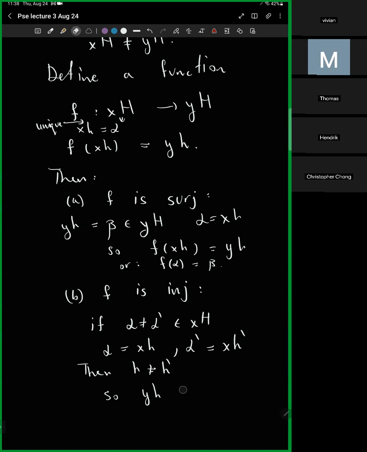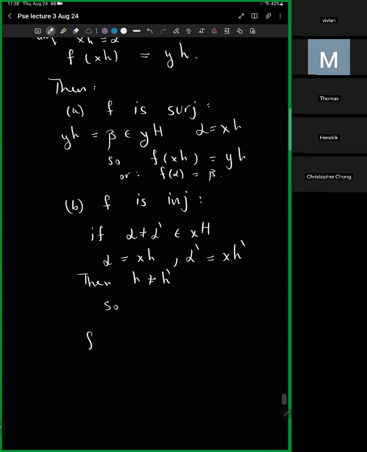I mean, I have now f of xh, which I know by definition is yh, and I have f of xh prime. Maybe we do another step. So I have f of alpha.